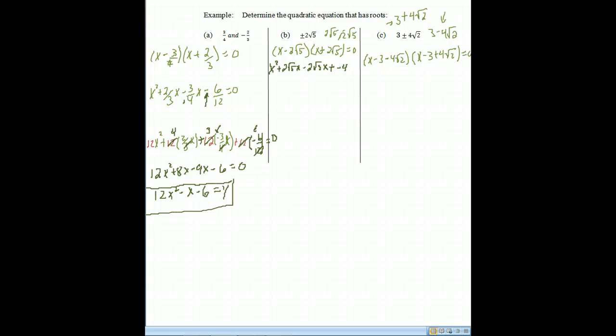Square root 5 times square root 5 is square root 25, or just 5. So combining our terms, these would cancel. One's positive, one is negative. And that's our equation.